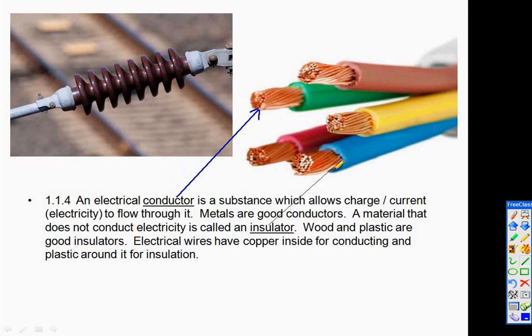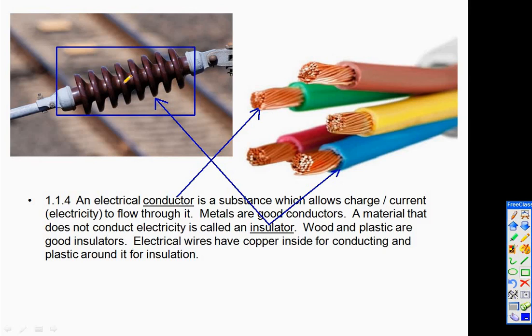But on the outside of the wire we have plastic. Plastic is a non-metal, and it is a very good insulator. Another example of an insulator is this ceramic insulator that they use on power lines, but primarily remember that insulators are used for safety.